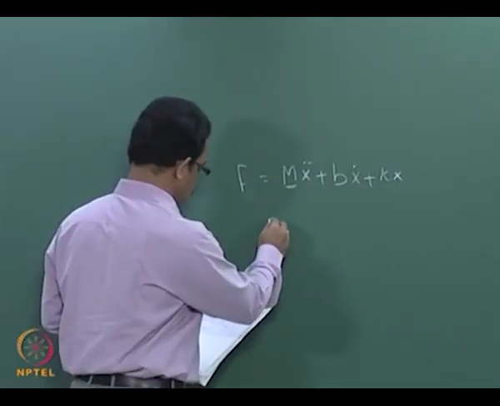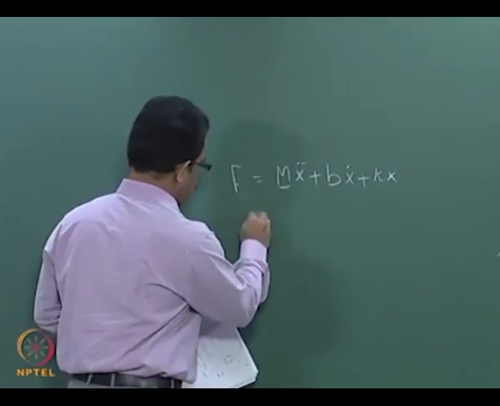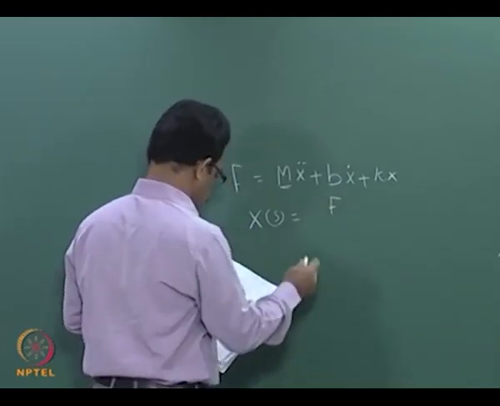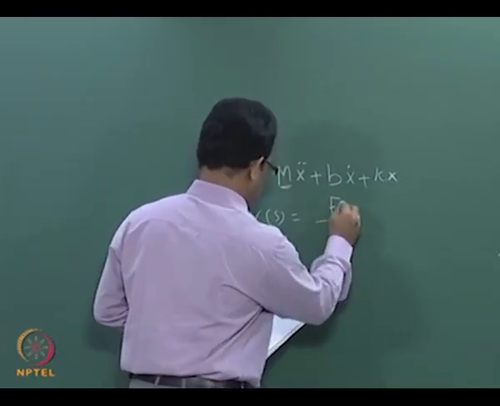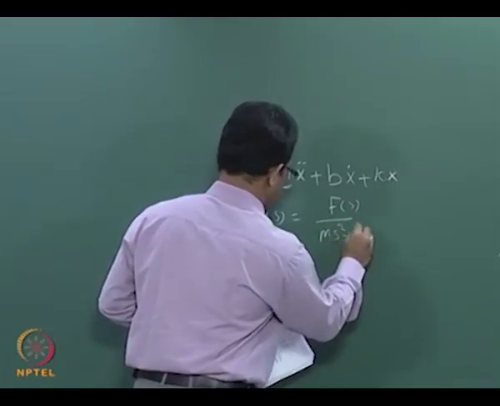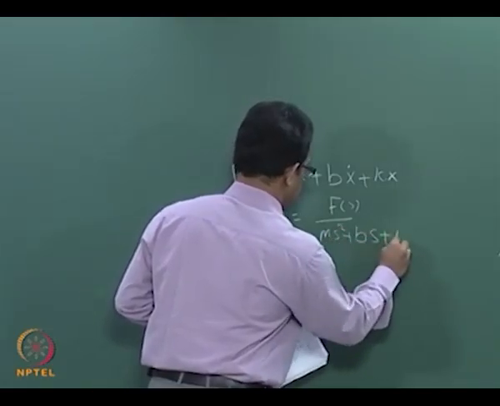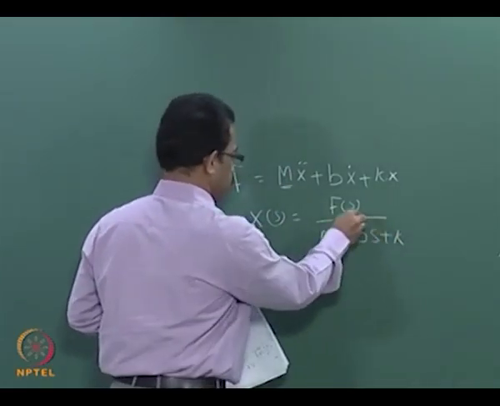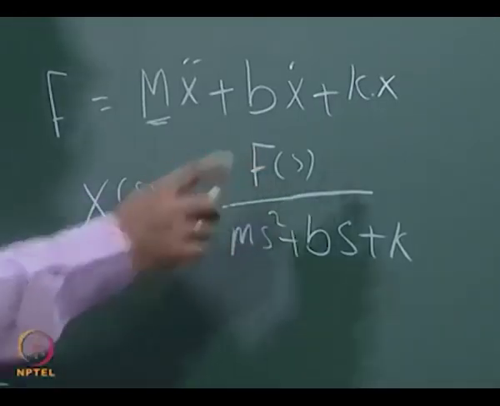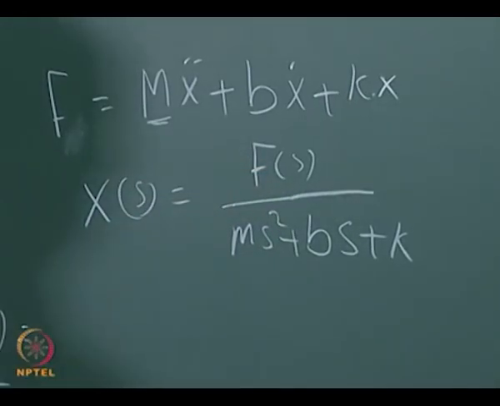If you do this, then we get X(s), in the Laplace domain, as F(s) over m s square plus b s plus k. Here s stands for the Laplace variable, F(s) is the force in the Laplace domain, and m, b and k are the mass, damping and stiffness.